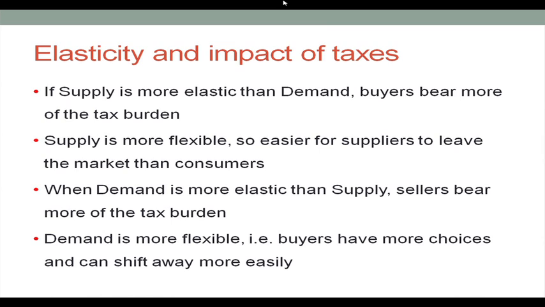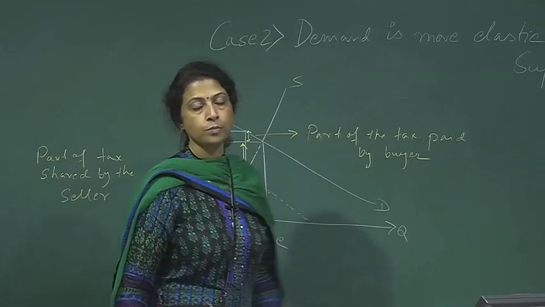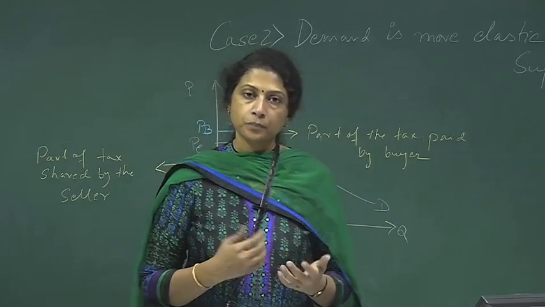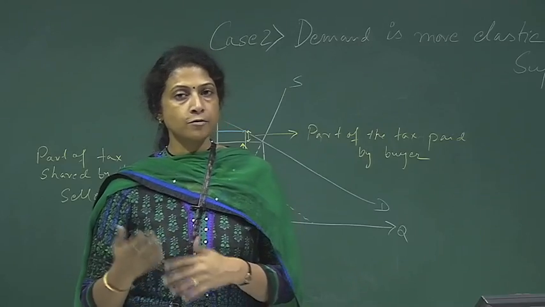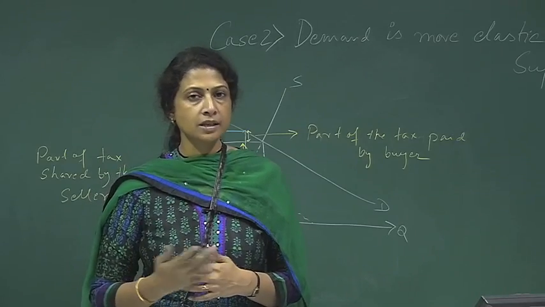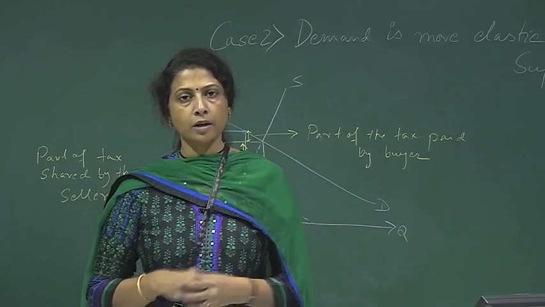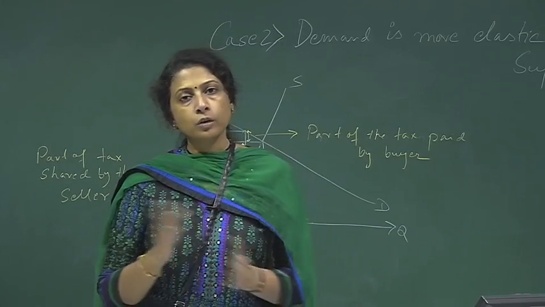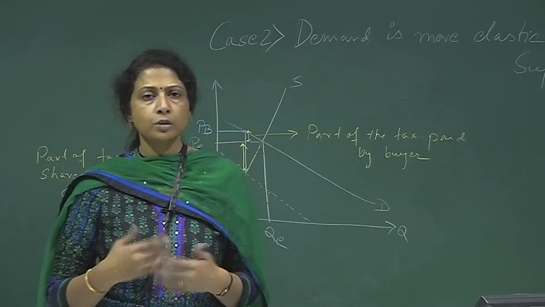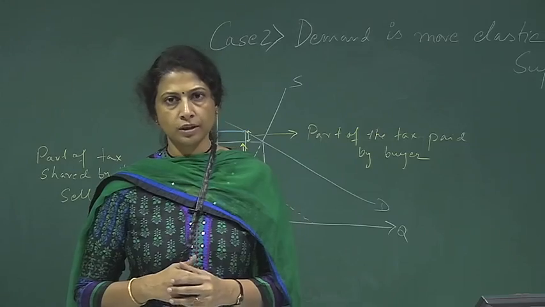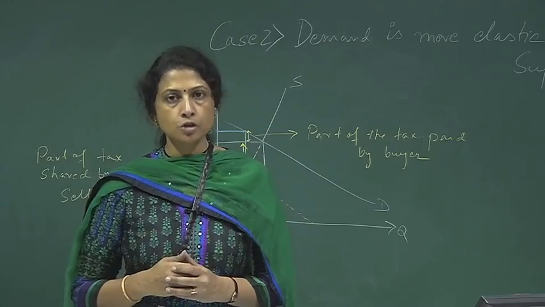So basically demand is flat, or it is a very elastic demand curve, which means the buyers have choices in the market, and when they see it is not too attractive to buy this product with all these taxes, they will quickly shift their demand to probably a substitute good, or stop consuming this good altogether or reduce their consumption because it's not so much of a necessity to them.